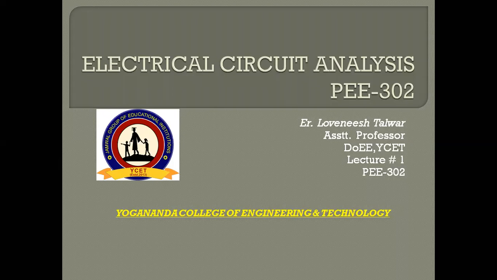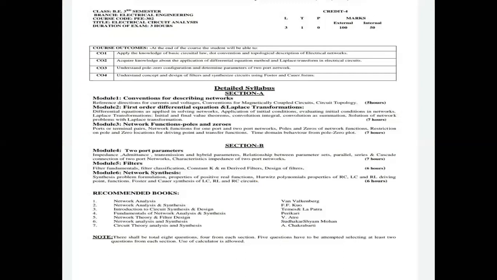So this is the syllabus of your network analysis. In network analysis, there are two sections, section A and section B. In section A, there are 3 units, that is 3 modules. And in section B, there are also 3 units or 3 modules. So what will happen? You have to attempt 5 questions in all: 3 questions from one of the sections and 2 questions from the other section.